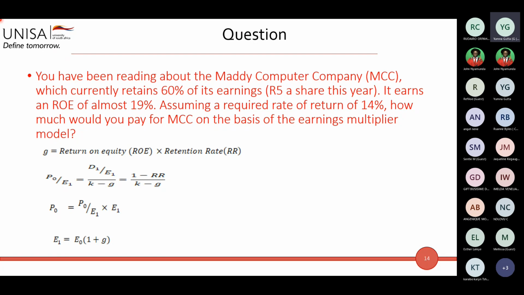Let's see, what did Angelique get? 15. Let me look nicely at this. Okay, and 11.4. There's something which you missed.